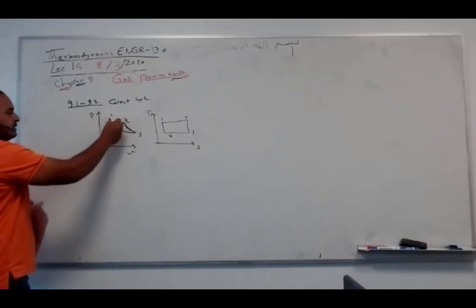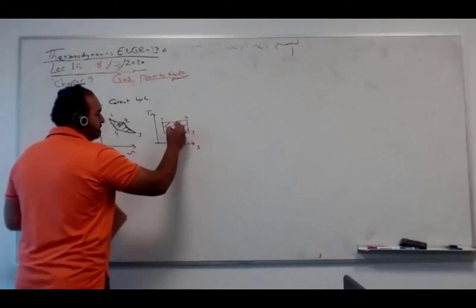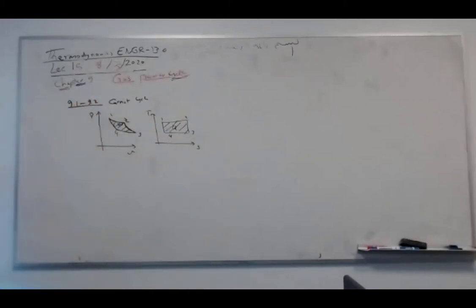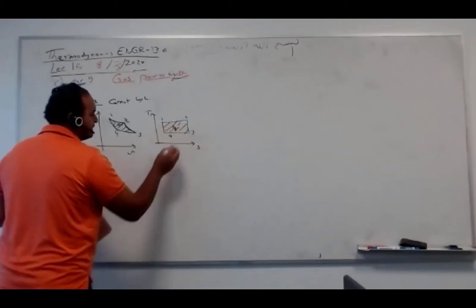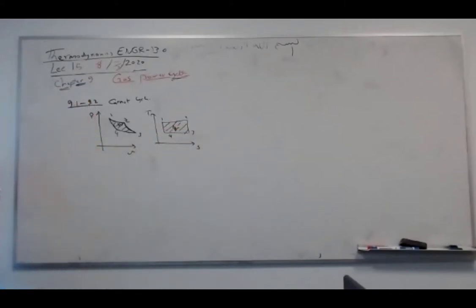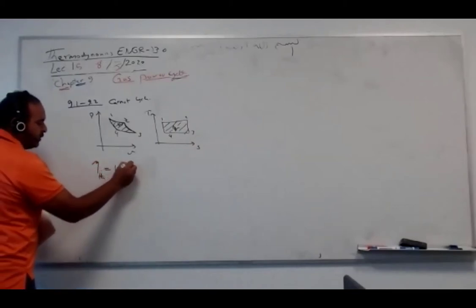This part is the net work, and this part is the net heat, which is Q and W. The area under the TS diagram is Q. The area under the PV diagram is W, per unit mass. This is also per unit mass if it is a specific property. This is a cycle, and the most important thing is we know efficiency is 1 minus Q low over Q high.